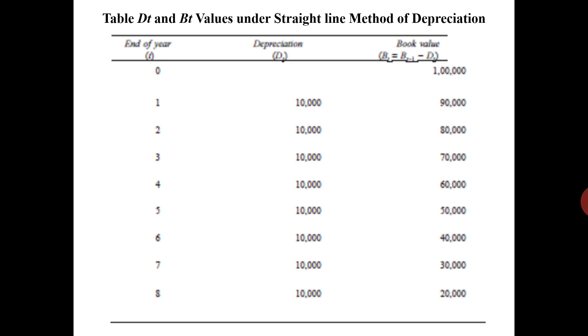Likewise, in the third year also the depreciation amount is 10,000 and the book value is 70,000. At the end of the 8th year, the book value is 20,000. The initially purchased equipment cost is rupees 1 lakh. After completion of the 8th year, the value of the equipment is 20,000.